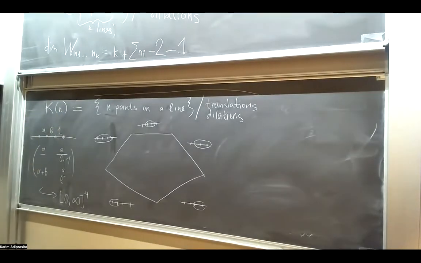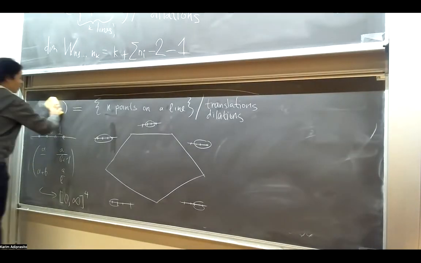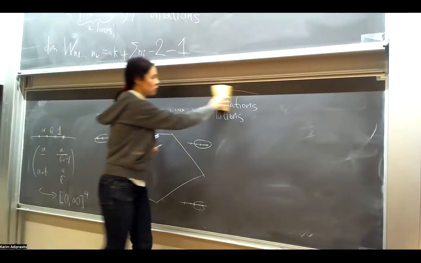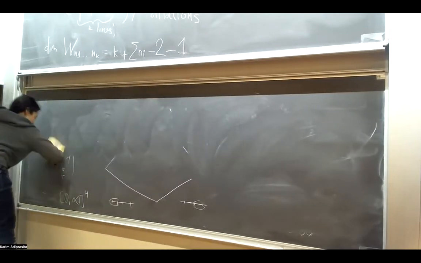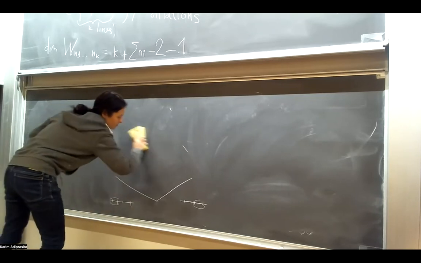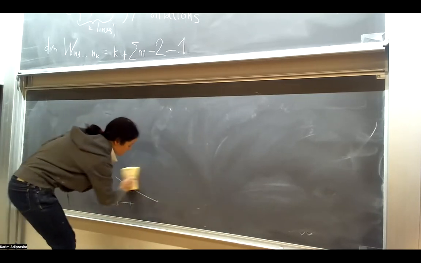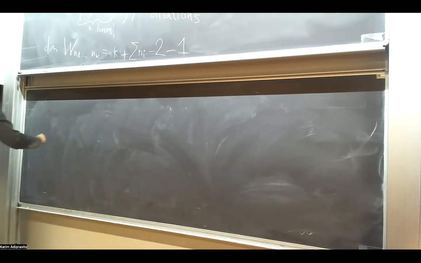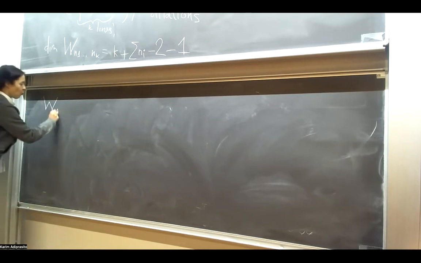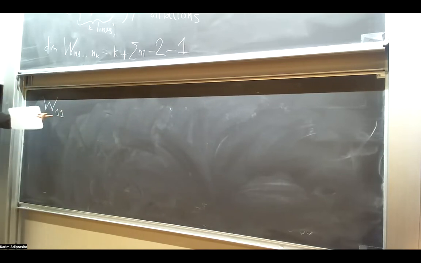So let's find then the one-dimensional guys and see how they look. So let's look at W_{1,1}. And let's use the formula that I've written over there.